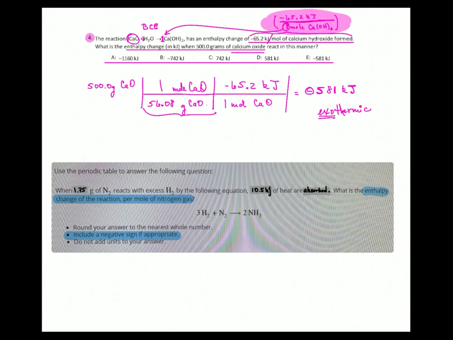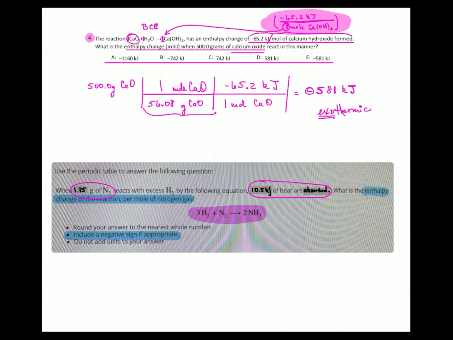So it gives you the balanced chemical equation here. It says when 1.75 grams of N2 reacts with excess H2 by the equation, 10.5 kilojoules of heat are absorbed. What is the enthalpy change of the reaction per mole of nitrogen gas? Okay, so use this information. It says when this much nitrogen reacts, this is the heat absorbed.